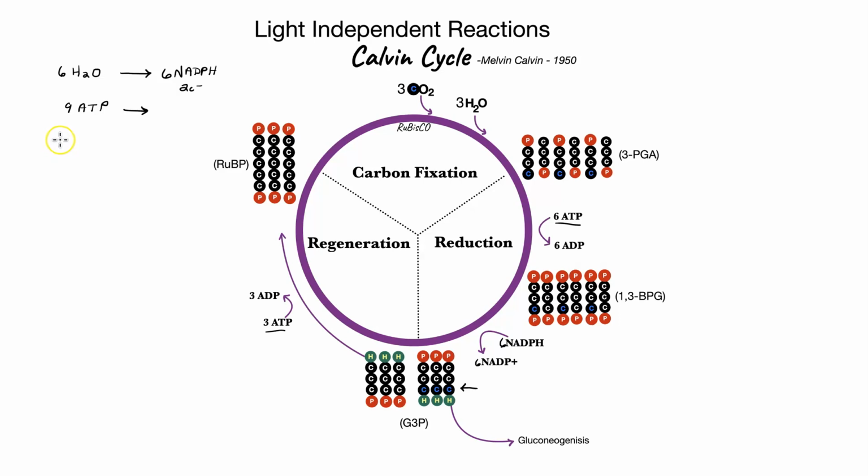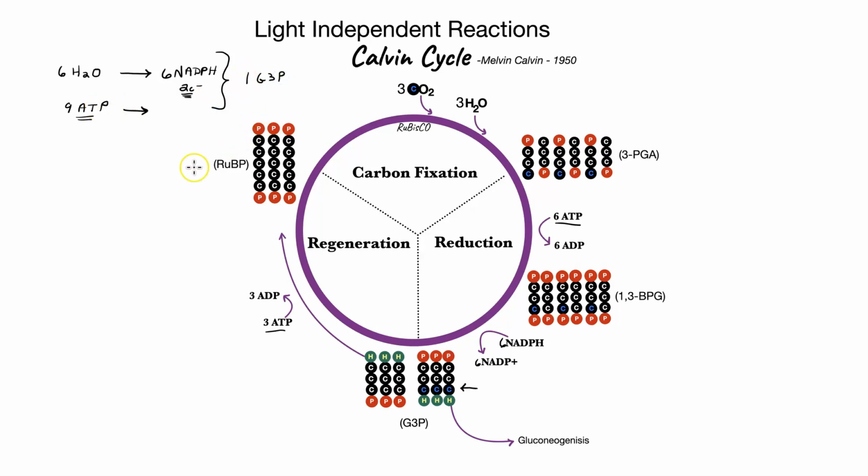Remember, we are basically using the energy of the reducing power of the electrons and the power of ATP to build something. We're adding carbons. This is an anabolic, non-spontaneous process. But all of this makes 1 G3P.